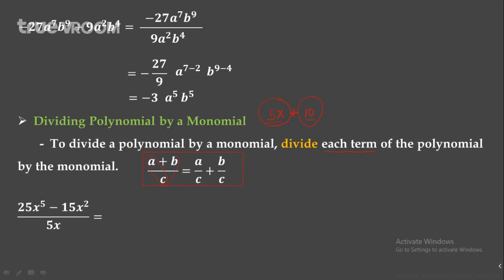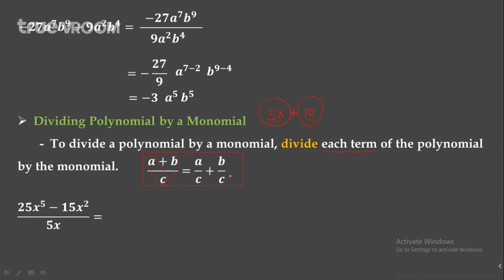For example, we have 25x raised to the 5th power minus 15x squared divided by 5x. So again, we are going to divide the first term by the monomial, divide the second term by the monomial.